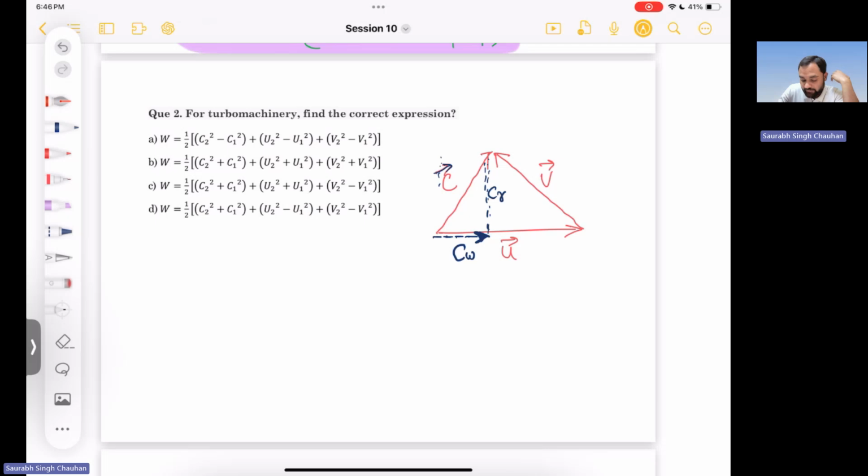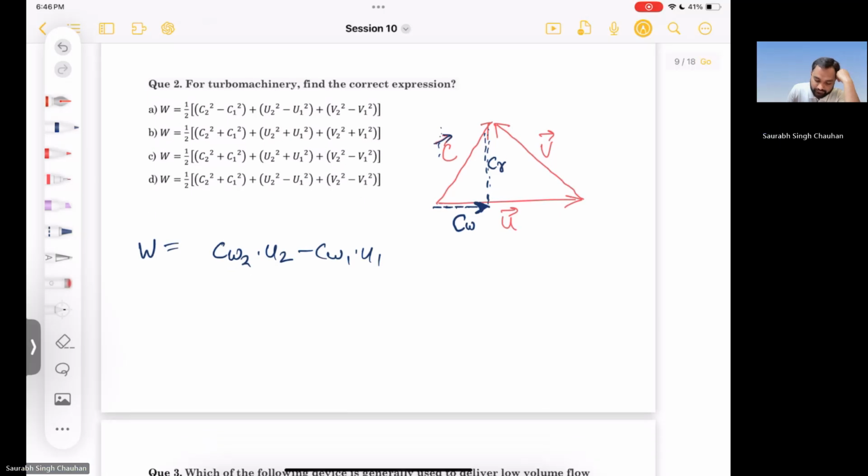In the expression of work that we have derived, per unit mass, it was CW2 U2 minus CW1 U1, right?